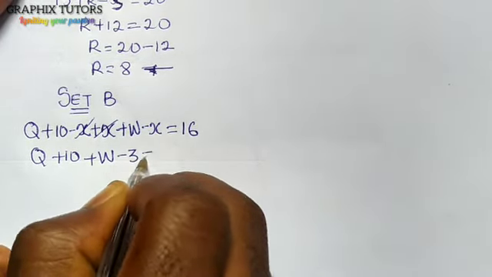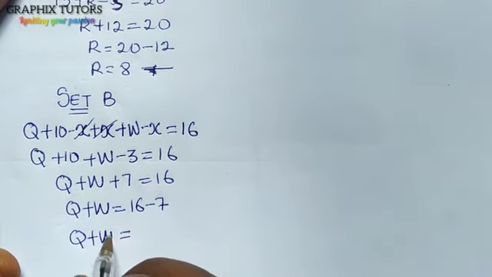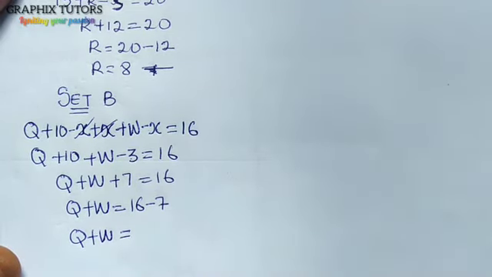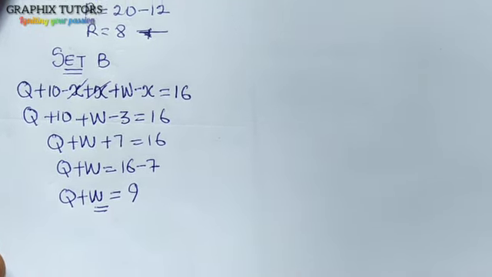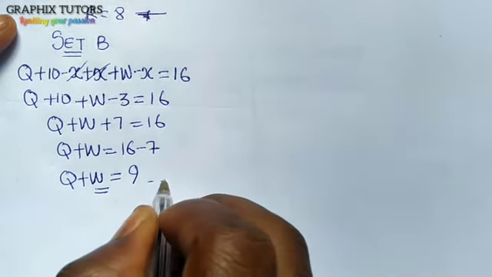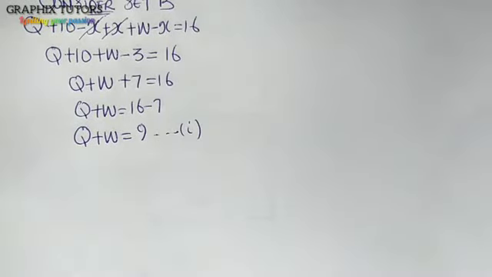So Q plus W will now give us 16 minus 7, which is 9. So we've done that, which will have our 9 here. So we've done for set B. So another, we call it equation 1.